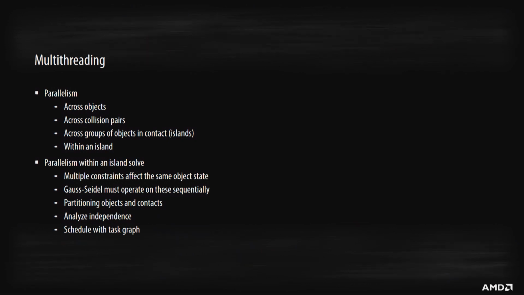But within one island, it is a trickier problem to parallelize because you have many constraints which touch the same parts of objects and the same state values. And so that creates a race condition, and any of these updates done with this algorithm need to be synchronized or serialized, that is.